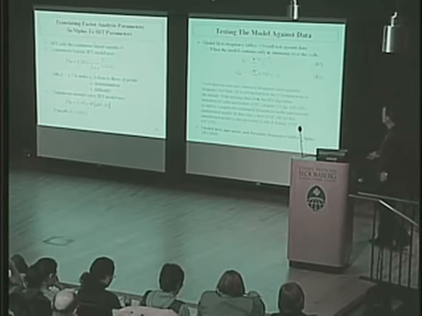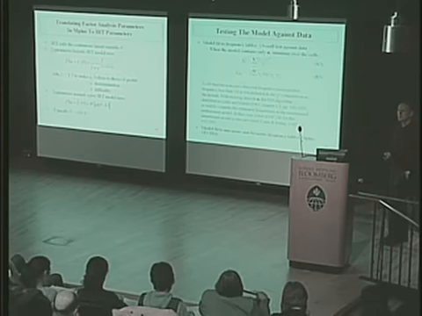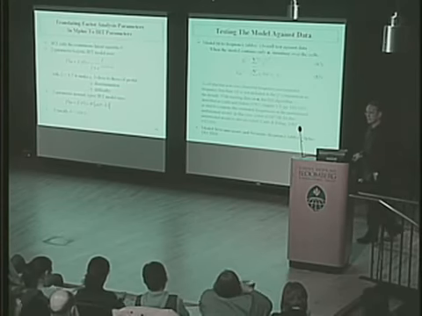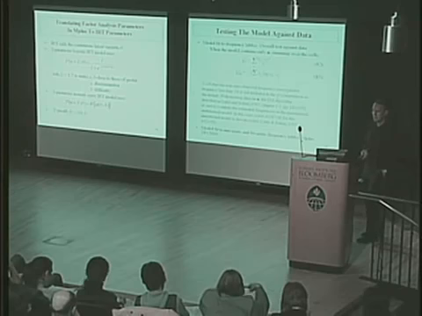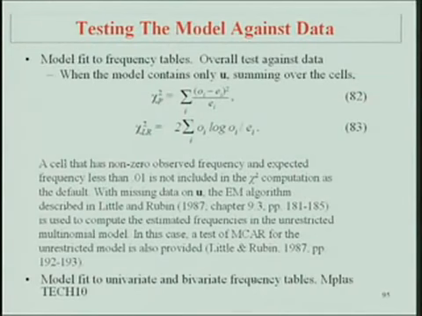Testing the model against data, well, that's a tricky topic, actually, because when you have many categorical variables, the options for testing are a little bit limited. If you have a small number of items, say no more than 8 items, you could use the standard categorical data analysis approach of looking at the frequency table.